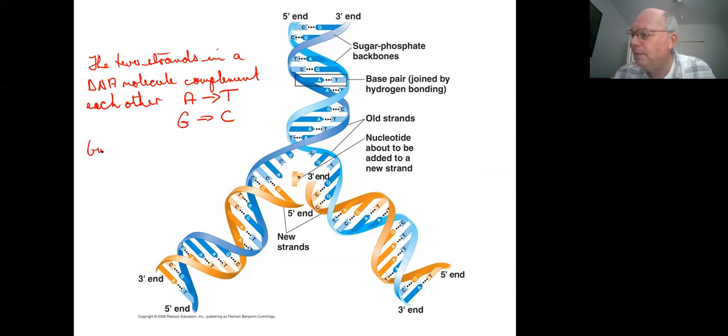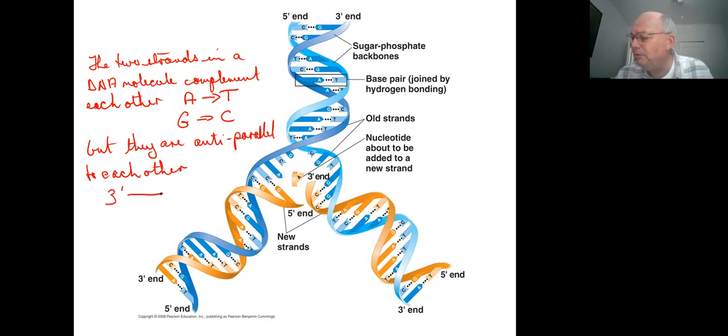But they may complement each other, but they are anti-parallel. So what does that mean? That means that if you look at one strand and it's running 3' to 5' in one direction, the complementary strand runs 3' to 5' in the opposite direction.